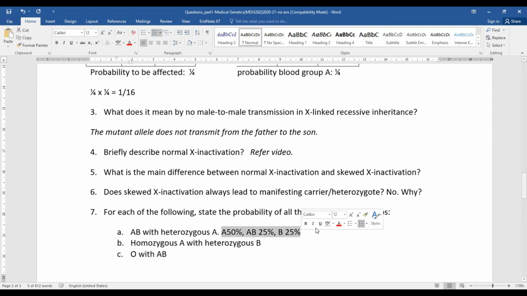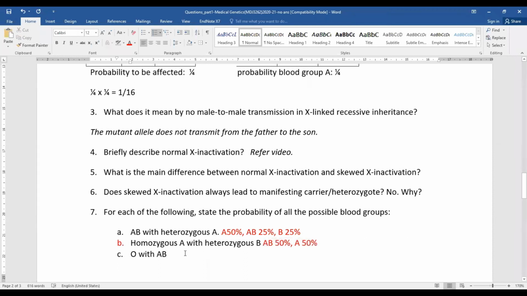Yes, doctor. Okay, and then this one is AB 50%, A 50%.